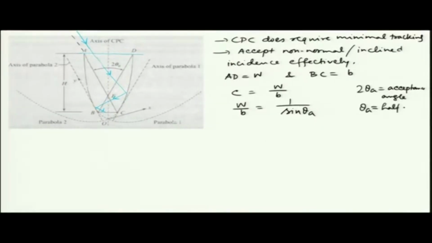So, the concentration ratio that we get here is W by B, right, the aperture area divided by the receiver area, that is the concentration ratio we are after. And so, it can be shown that this W by B is 1 over sin theta A. Okay. So, 2 theta A is the acceptance angle and theta A is called half acceptance angle.